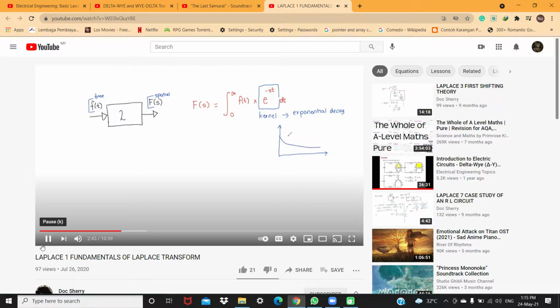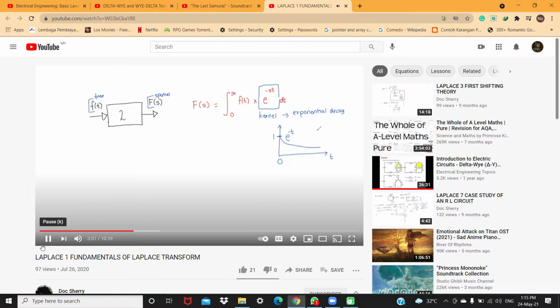This is an example of exponential decay, e to the power of minus t. Let's say we take the general exponential decay function. When t is at time 0, the exponential decay will cut the y-axis at 1.